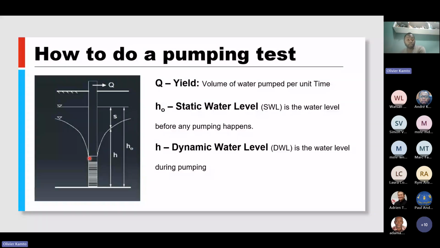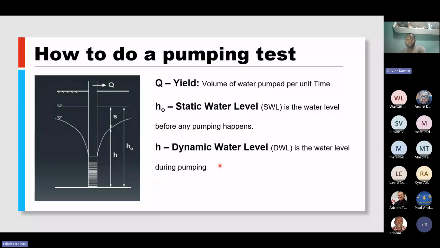When the pump is actioned and it's working, the water level drops from the static water level, which is above here, to the dynamic water level, which goes down below here. And when it comes down to this level at the equilibrium or the maximum pumping rate, we notice this is the total height of water that has to be moved by the pump when the pump is working. So this factor is very important in the design of the pump.